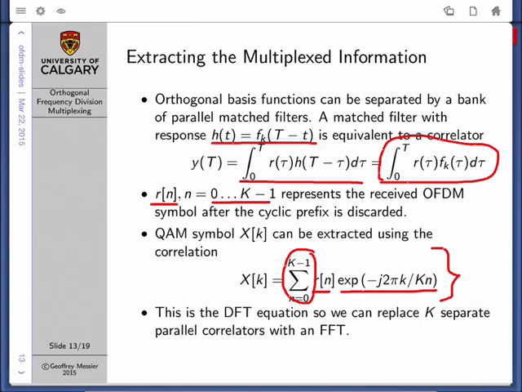And so the transmitter can be efficiently implemented using the inverse FFT operation. The receiver can be efficiently implemented using the FFT operation. And this is really the beauty of OFDM.